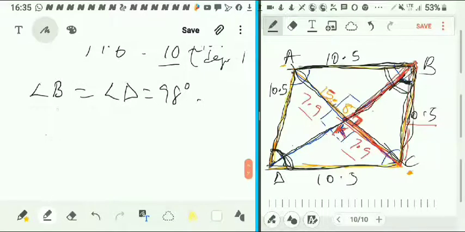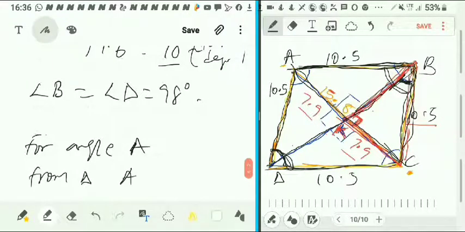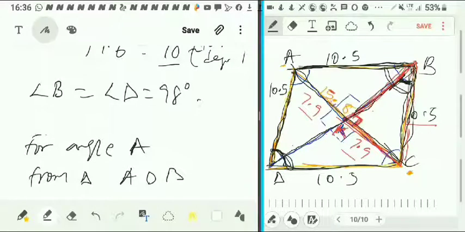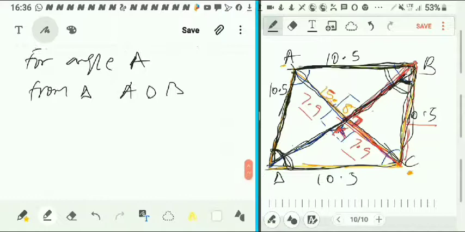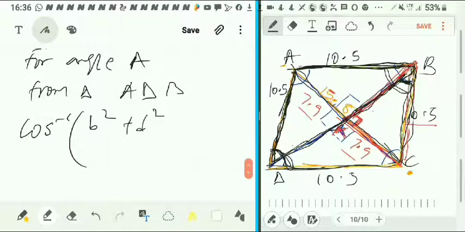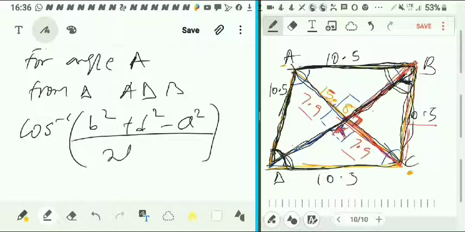Then we need to get angle A. Any of angle A or angle C, you're also going to get the same answer. So for angle A, from triangle ADB, because that's the triangle it is, this triangle here, using the cosine formula, we have cos inverse of B square plus D square minus A square over 2BD.